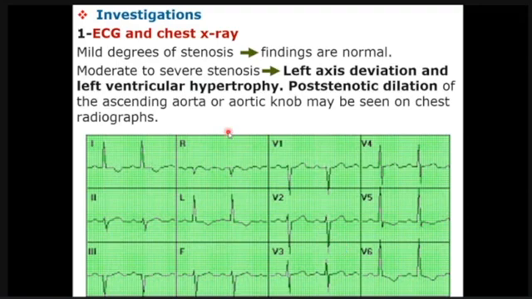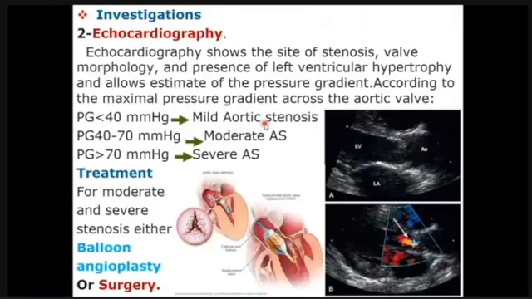And by chest X-ray, there might be post-stenotic dilatation, because the jet of blood which passes through the stenosed aortic valve may impact the walls of the ascending aorta, causing post-stenotic dilatation. This appears on the chest radiographs. Echo is the gold standard for the diagnosis of aortic stenosis.